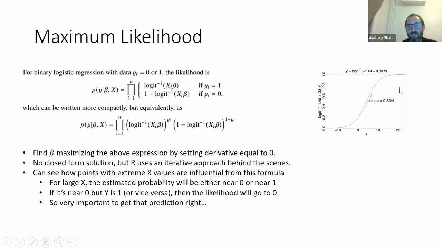So for a really large X, let's say you have an observation out here and it's 0. There's someone with an outcome 0 and an X of 25. Then what would the contribution to this likelihood that you're trying to maximize be if you have parameter values that make the predicted probability 1 at that point?